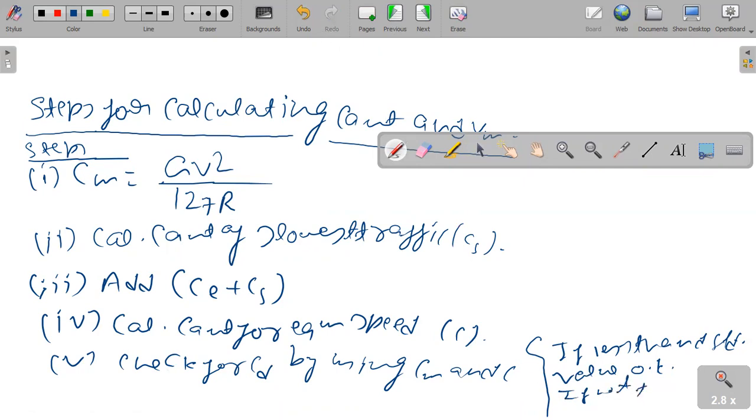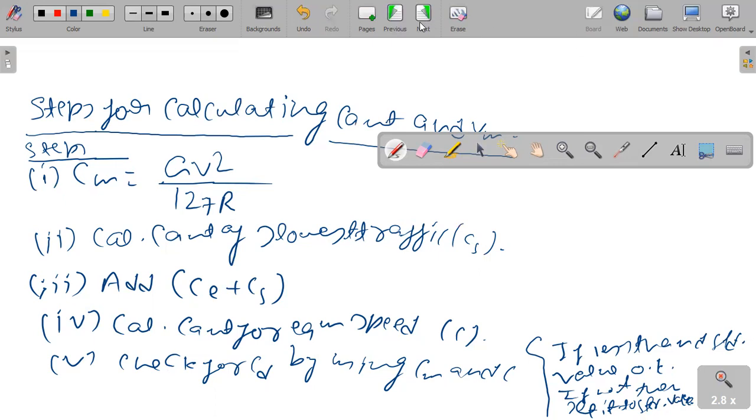If not, then set it to standard value. So this is our fifth step.